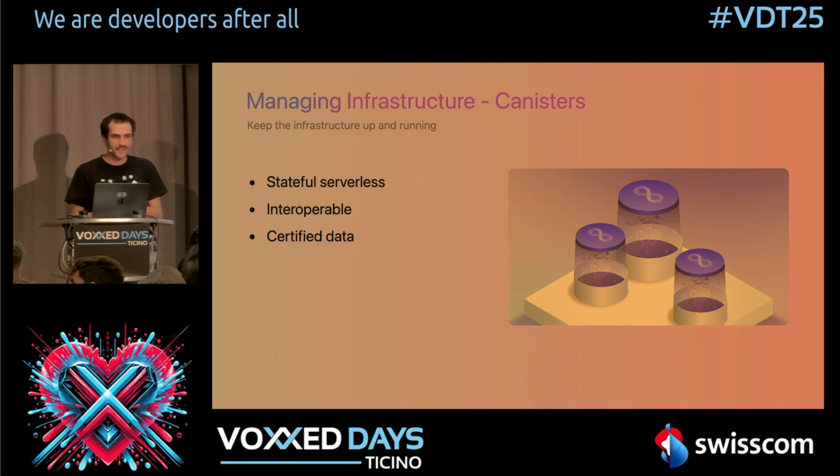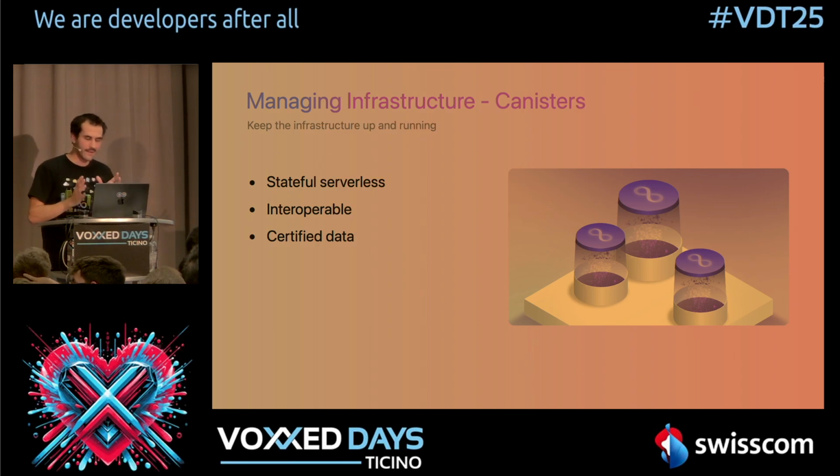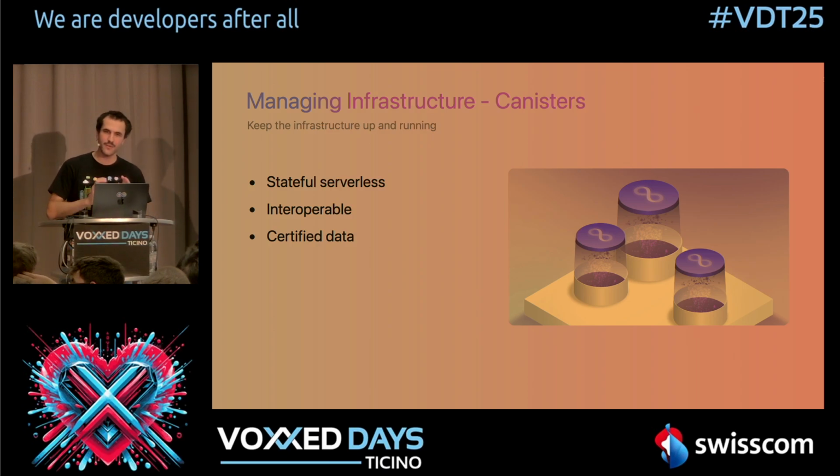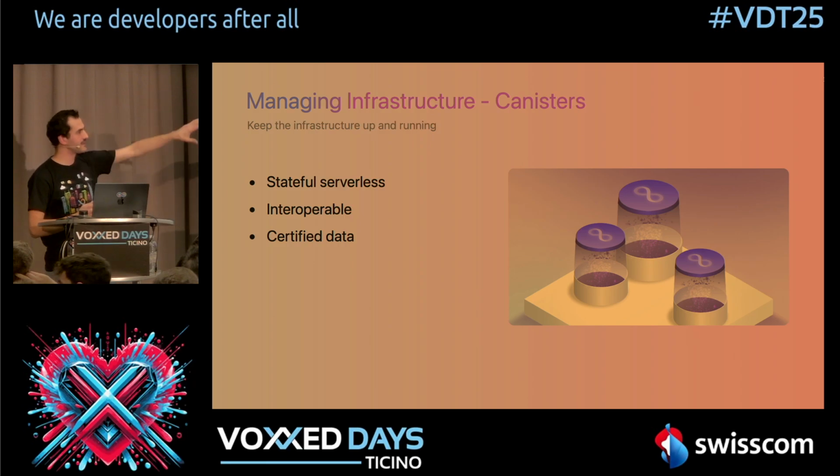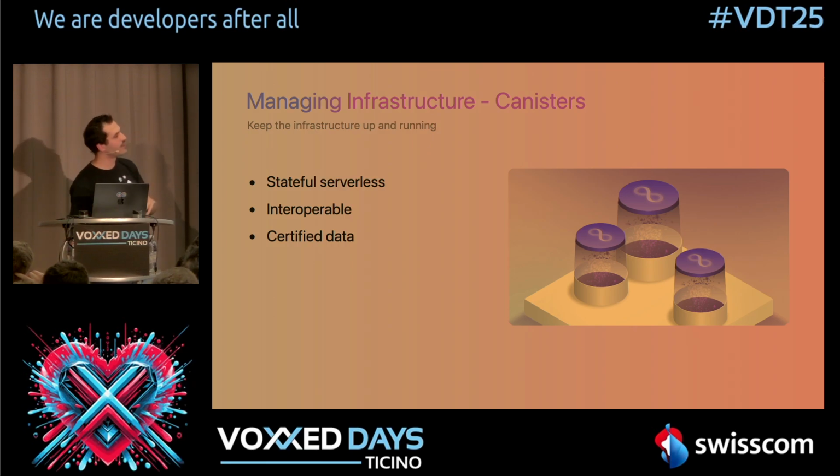Last key ingredient is canisters. Canisters is a really weird word, and we can think about canisters as buckets. That's why I was talking about buckets before, and that's a cool representation of such a bucket.